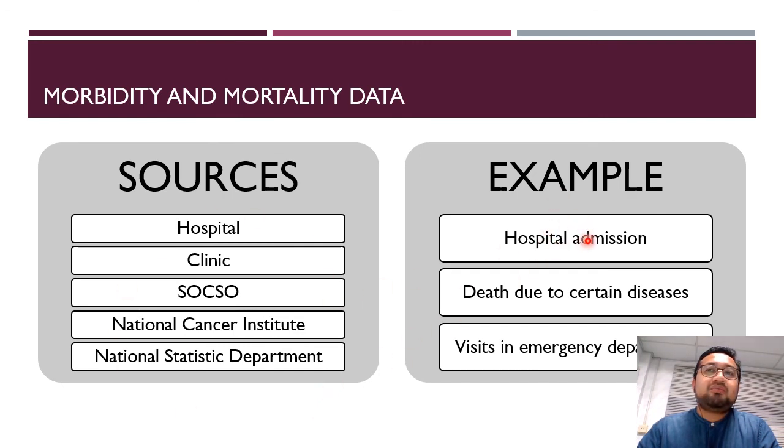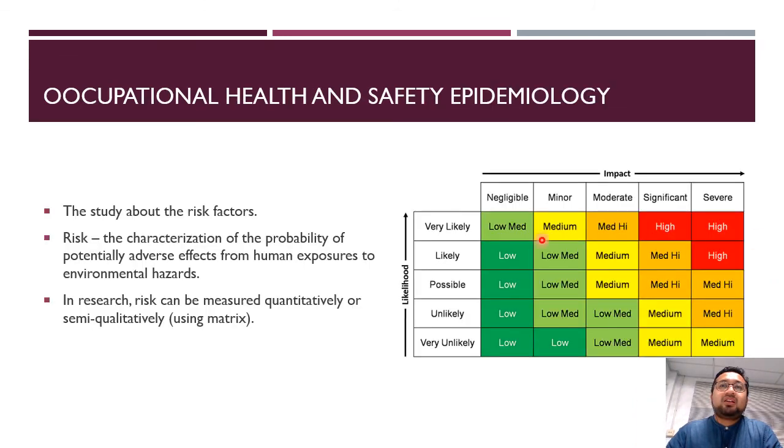Data ni dapat daripada hospital admission, daripada kematian, or visit in ED, Emergency Department. So morbidity and mortality data ni adalah penting juga untuk kita tahu penyakit tu leads to at last morbidity atau mortality. And then we can intervene daripada risk factor dia, apa dia. Okay.